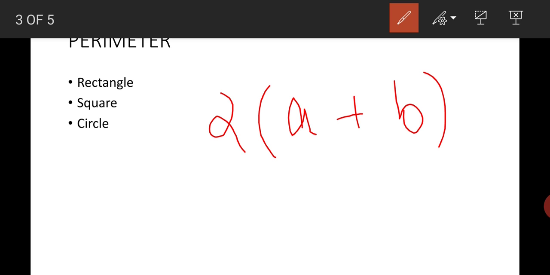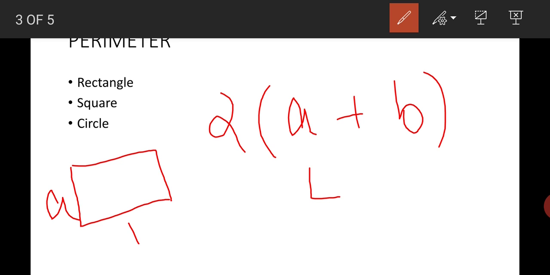What will be that? a, which is the length of one side of the rectangle, will have dimension L. And the corresponding dimension for b will be the same. It is also a length, L. So L plus L, which means total length. Anyway, that is a length. So its dimension will be L.